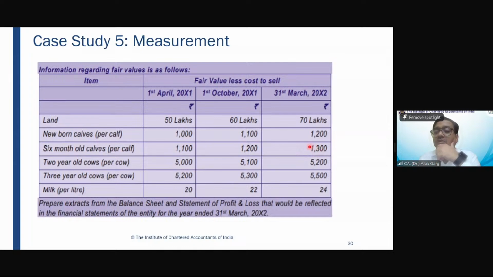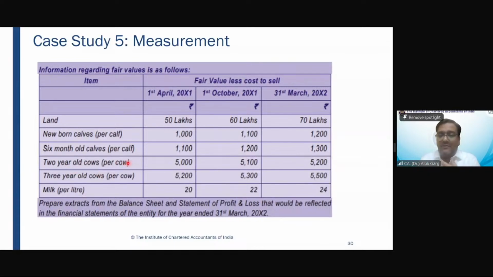On 31st March 2002, this calf who was born on 1st October has become 6 months old, and the value was 1,300. So from 1,100 it became 1,300. What is the fair value change due to price and due to physical change? 100 rupees is due to price change, and 100 is due to biological transformation, physical change. It is very simple: if the age had not changed, what would the price have been, and due to the change in age, how much did the total price become; the difference, minus the price change. Is that clear?